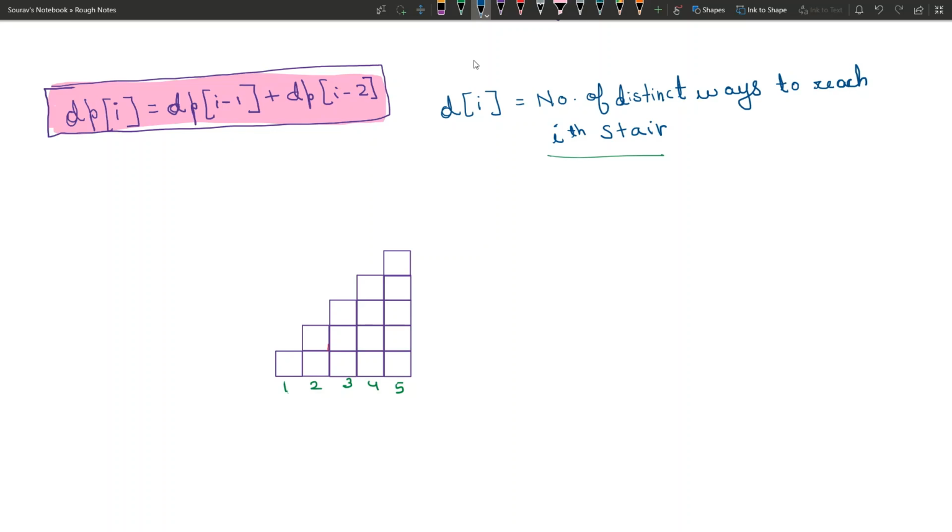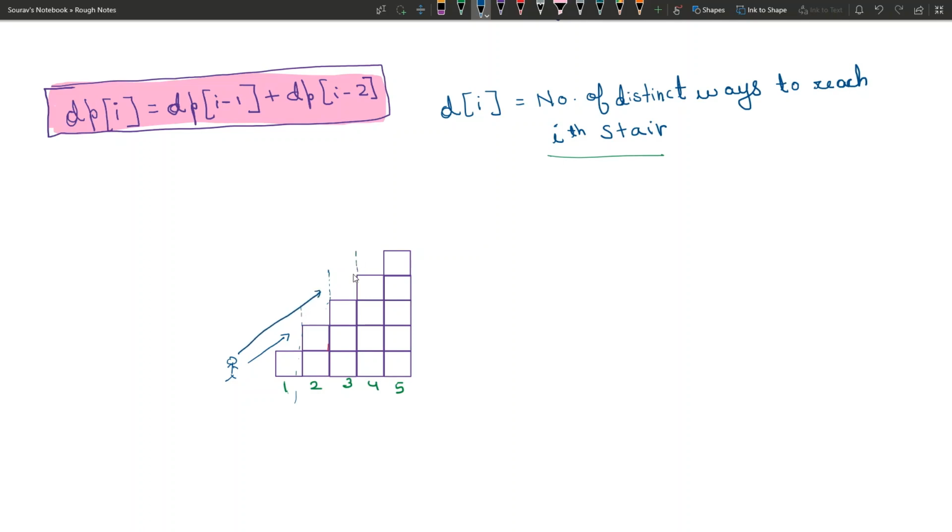The naive way was, let's say Ram, this is Ram, wants to reach the top of stair 1. He would have calculated all the possible ways to reach this step. Again, if he wants to reach the top of stair 2, he would have done the same thing, starting from the bottom and calculating till this point.